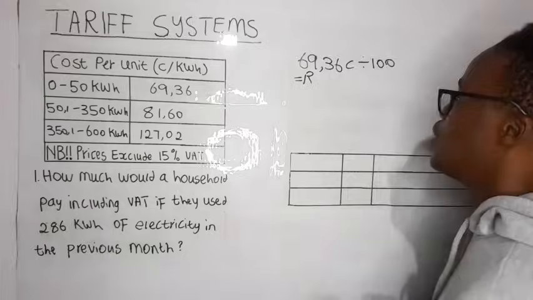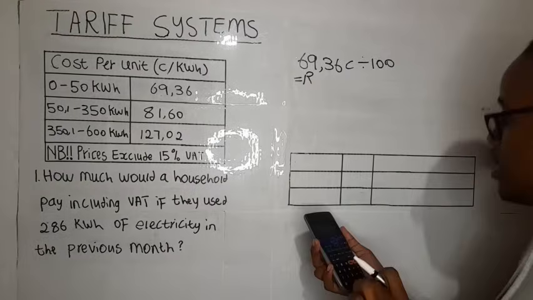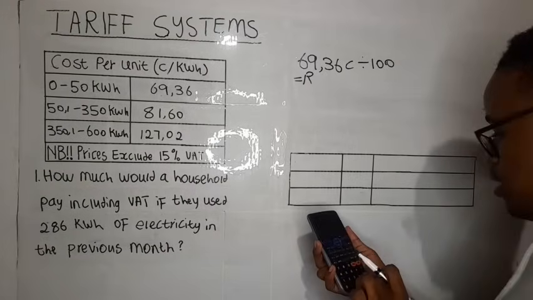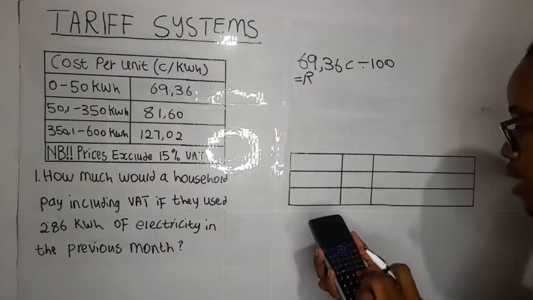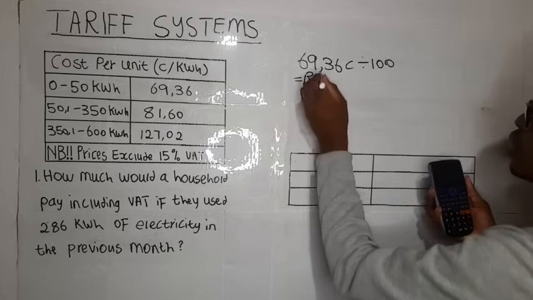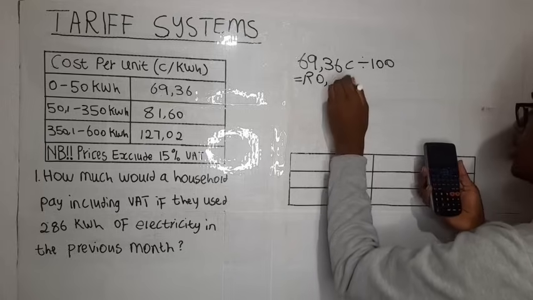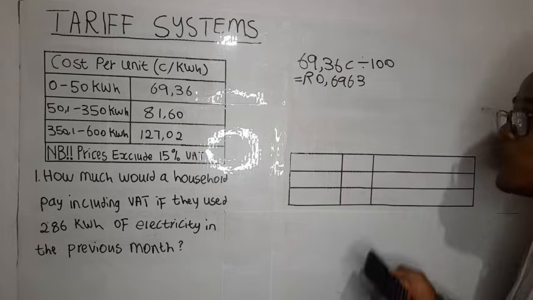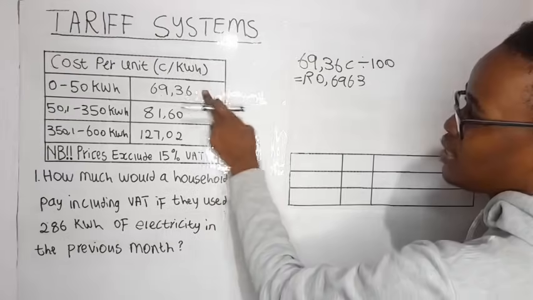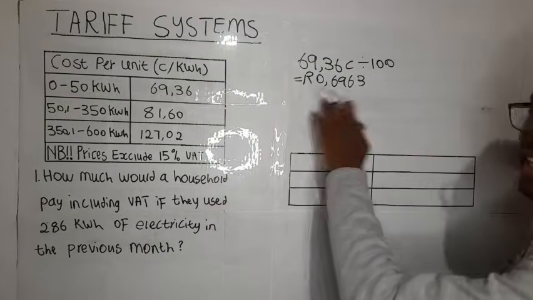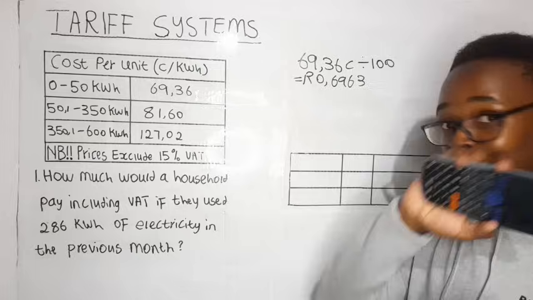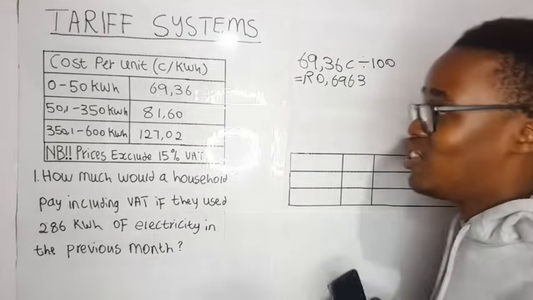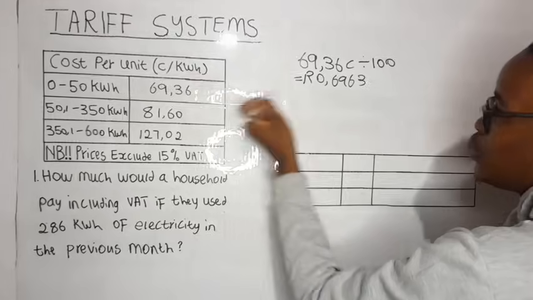So let's go with our calculator. It's 69.36 divided by 100. Please press it on your calculator as well, just in case I make some mistakes. What we have done is converted this amount into rands. It's in rands now, and we're able to use it, but let's do all of them. We go to the next one.